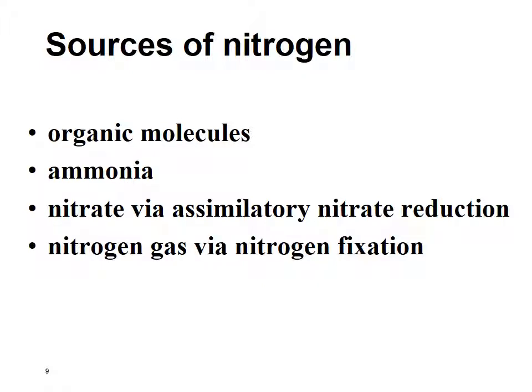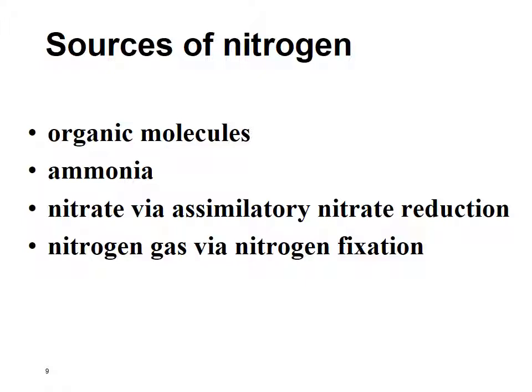Let's look at nitrogen a bit more closely. So nitrogen is needed for synthesis of amino acids, nucleic acids, some carbohydrates, some lipids, enzyme cofactors, and also other molecules. Most microorganisms can use the nitrogen present in amino acids.